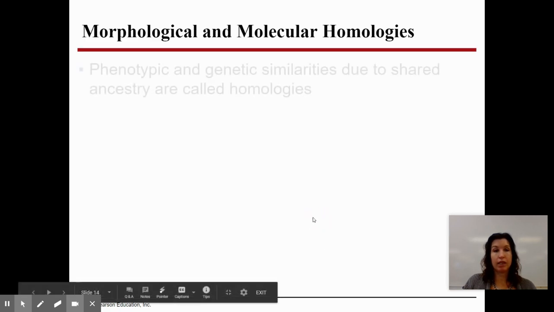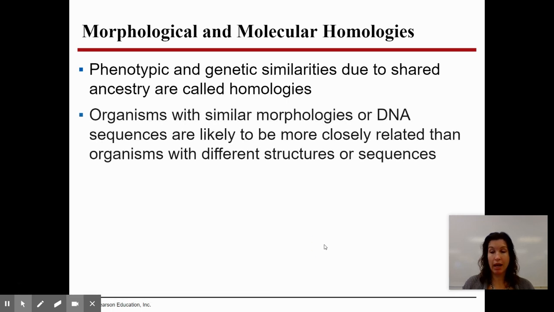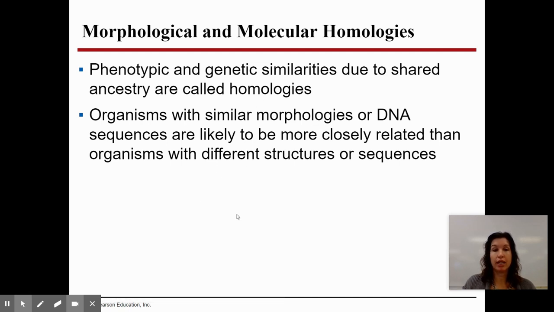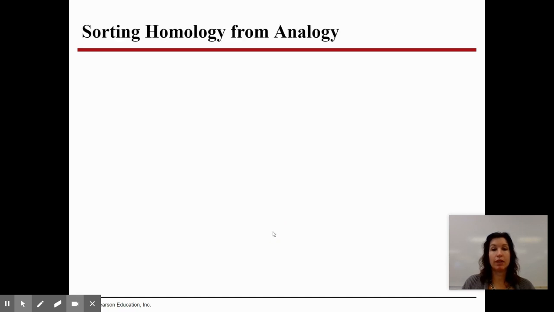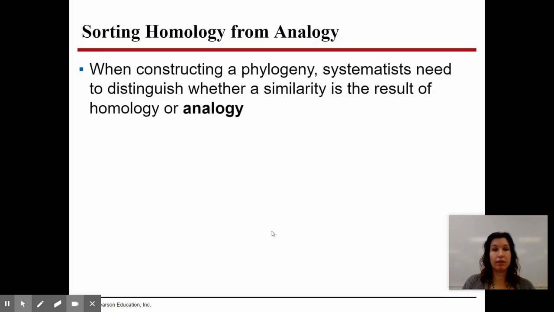They typically arose independently. Phenotypic and genotypic similarities due to shared ancestry, remember, are called homologies. So we can use those homologous structures to put organisms on a phylogenetic tree. So organisms with similar morphologies, that's bodies, so those homologous structures or DNA sequences are likely to be more closely related than organisms with different structures or DNA sequences.